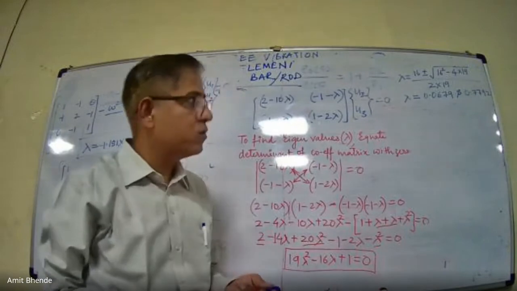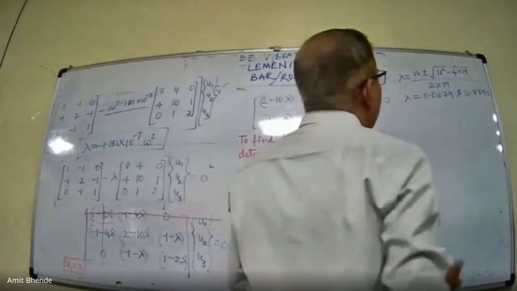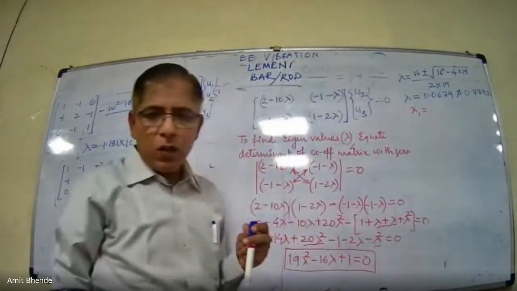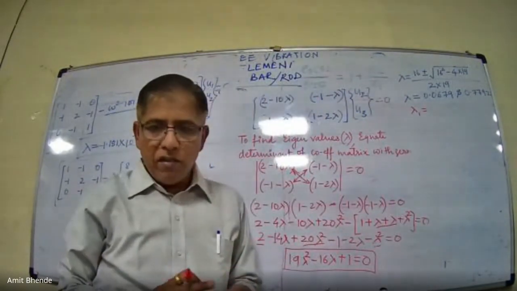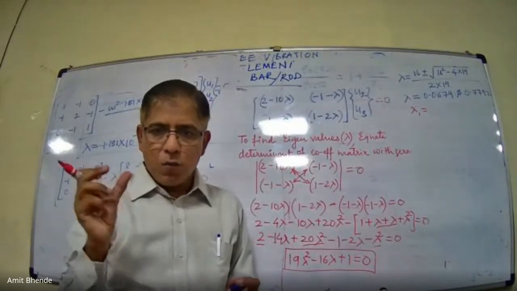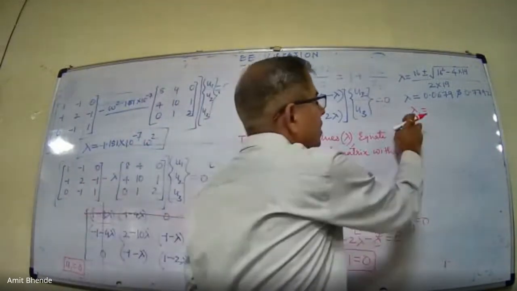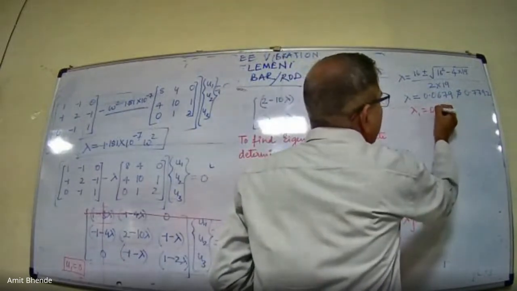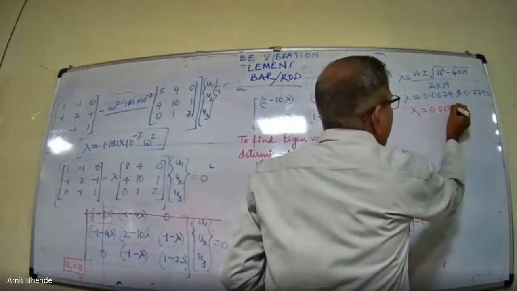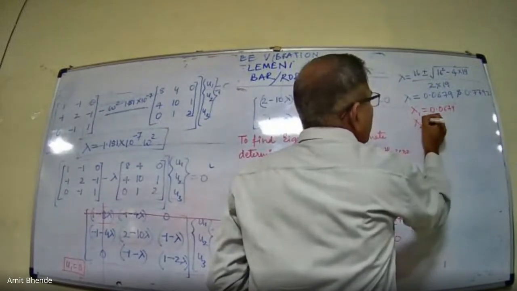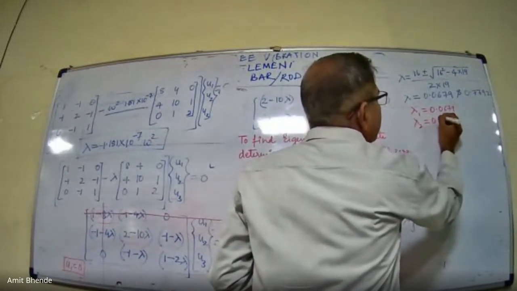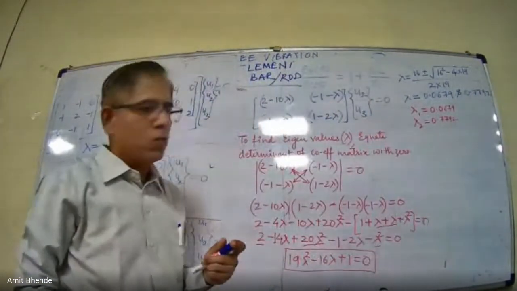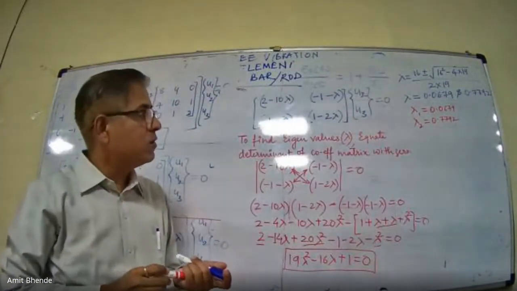They are eigenvalues. So first eigenvalue, always take lambda 1 as the smallest value. So here the smallest is 0.0679 and lambda 2 is equal to 0.7792. So these are the two eigenvalues.